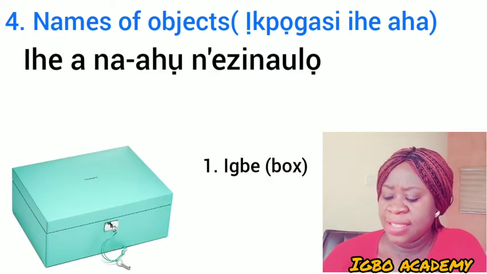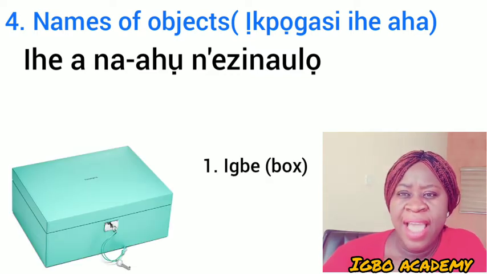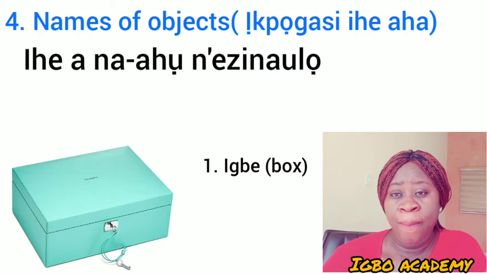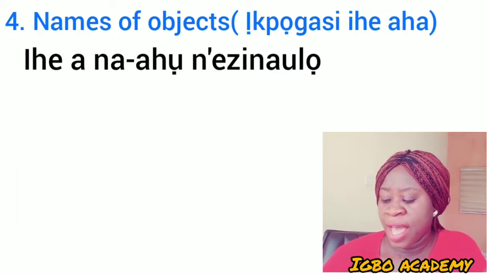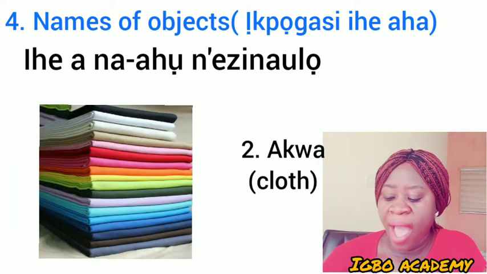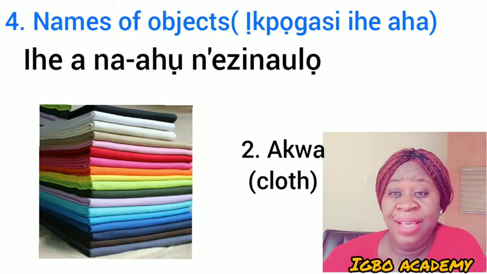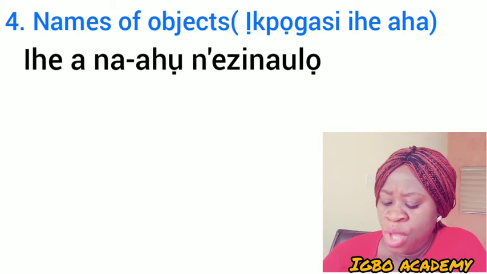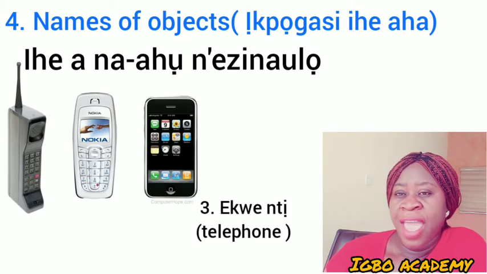Number 1 is igbe, and igbe is box. The second one is aqua. Aqua is clothes. Then we have ekwentị.